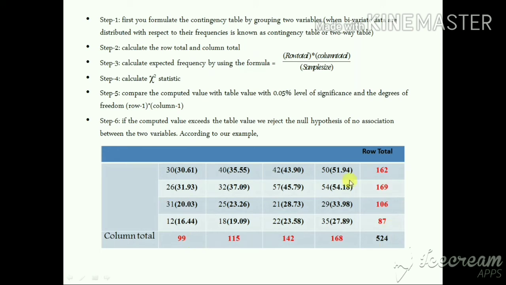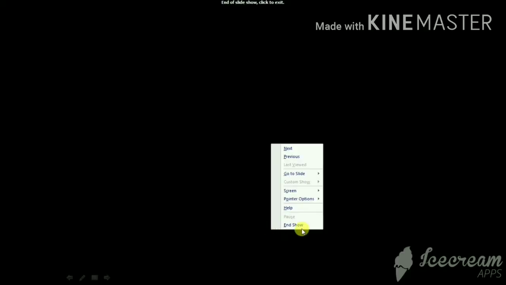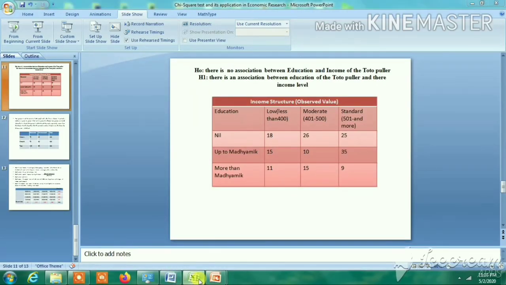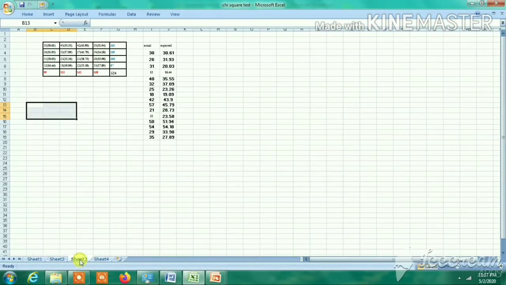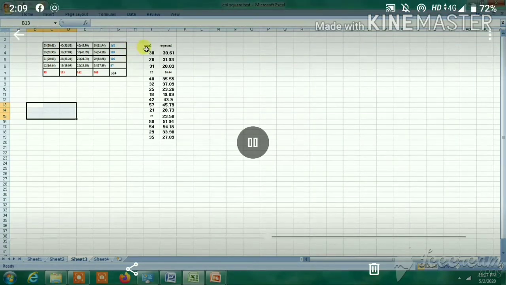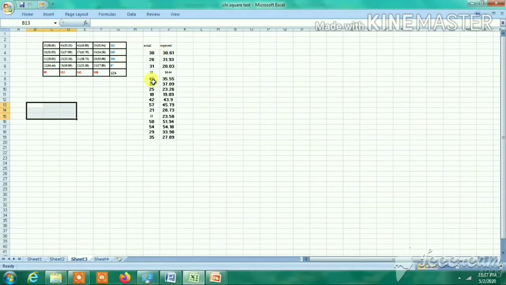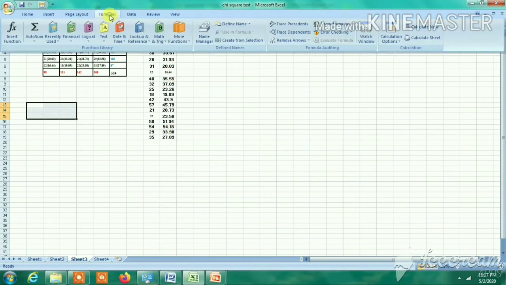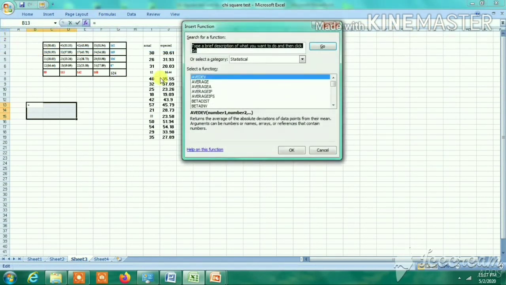Similarly, we can calculate the others, and after calculating the expected values, we can apply the chi-square. As we know from the previous example, in Excel we click Formula, Insert Function, and this is our statistical chi-square test.